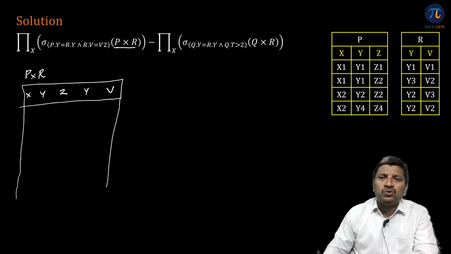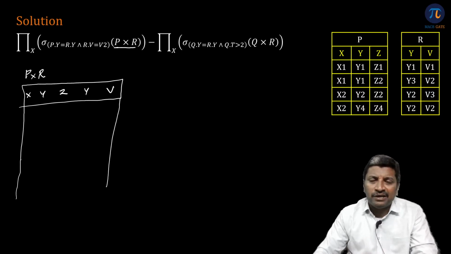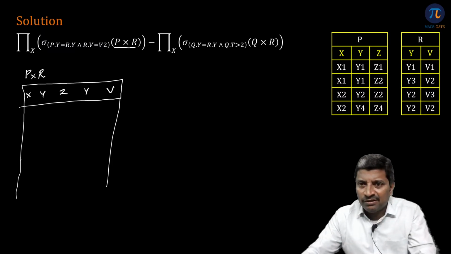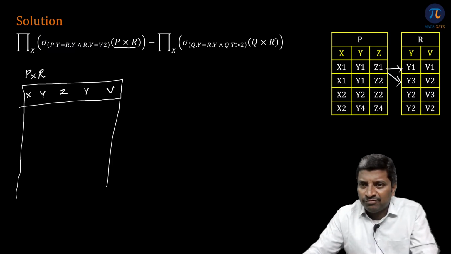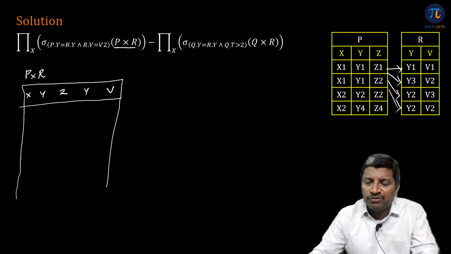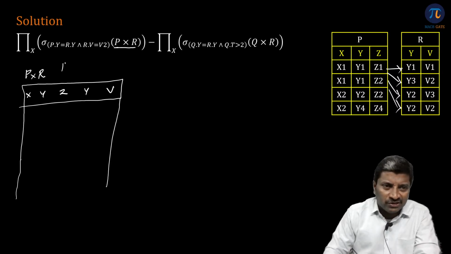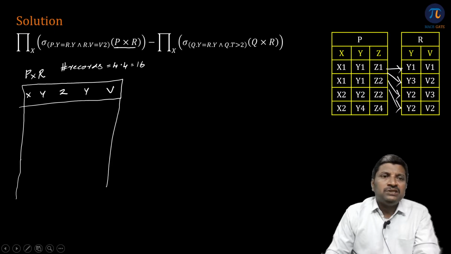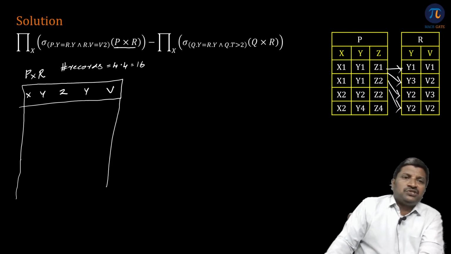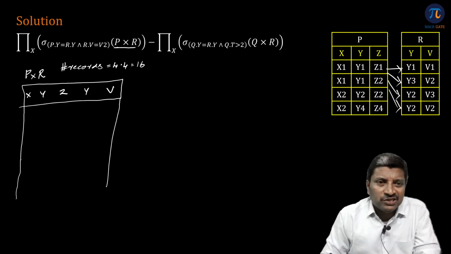Now, before going to the answer, if you directly write all the records, how much you get, sir? For first record, 4 matches. For second record, 4 matches. For third record, 4 matches. For fourth record, 4 matches. Totally the number of records is equal to 4 into 4. 16 you will get, sir. 16 you will get. Am I clear, sir?